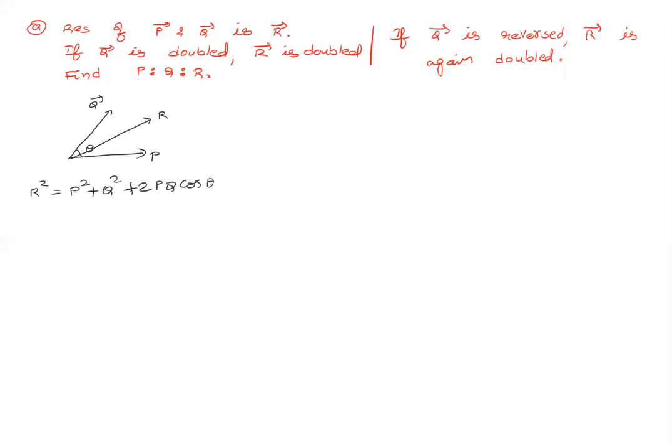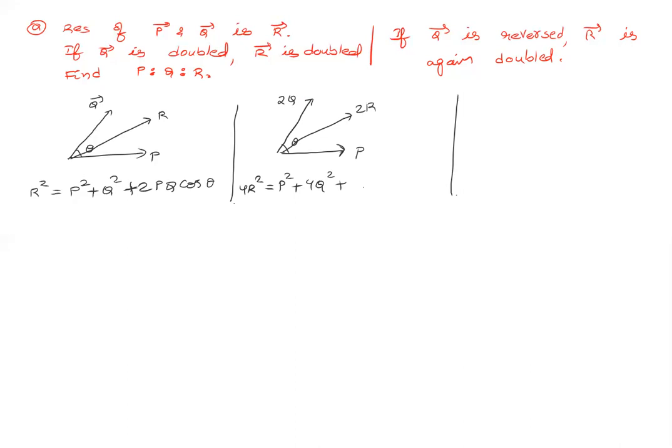Next, from the second statement, if q bar is doubled, this becomes 2q, and if this angle is still theta, your resultant is 2r. So applying the magnitude formula of parallelogram law, 4r square is p square plus 4q square plus 2 into a into b cos theta.